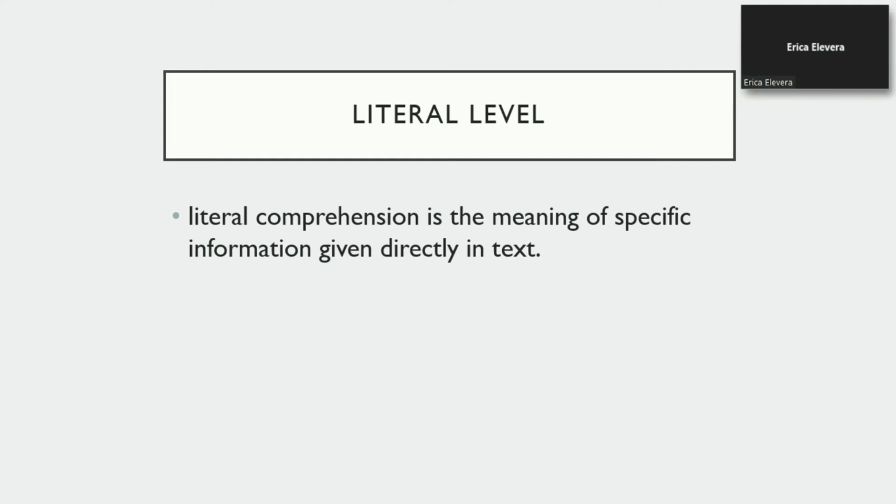There is no additional information or understanding offered at this level. It's just simple facts and knowledge. Pupils' activities at the literal level are usually very simple and do not ask for readers' opinions or ideas. So it is very literal.